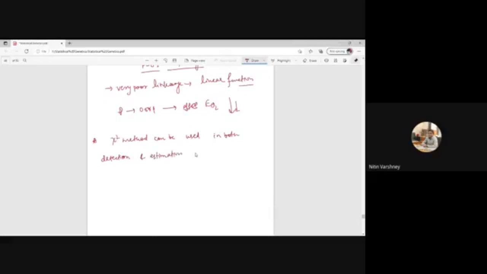This is important, क्योंकि हमने स्टार्टिंग में देखा था, in the detection of linkage we used chi-square. And for estimation also we use the minimum chi-square method. So in a question it can come like which method is useful for both detection and estimation of linkage.